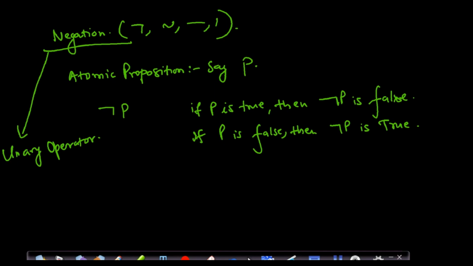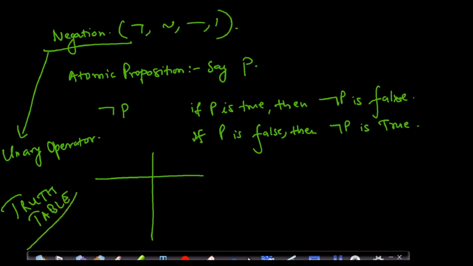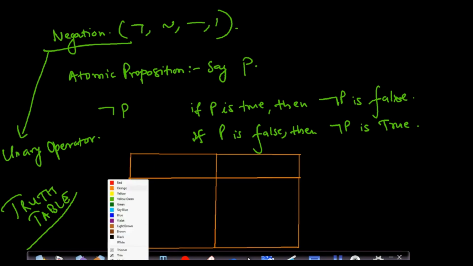In the case of compound propositions, we have something called a truth table. Using the truth table, we get the truth value of the compound proposition.